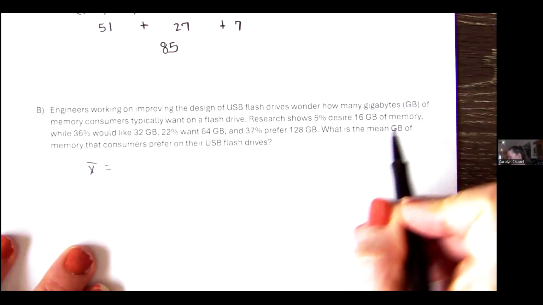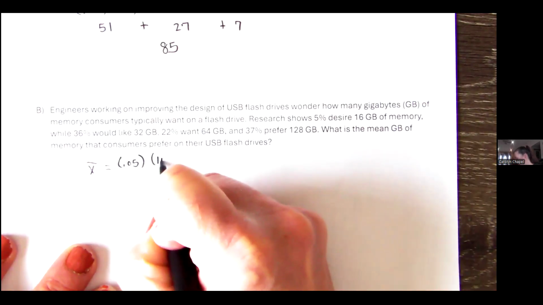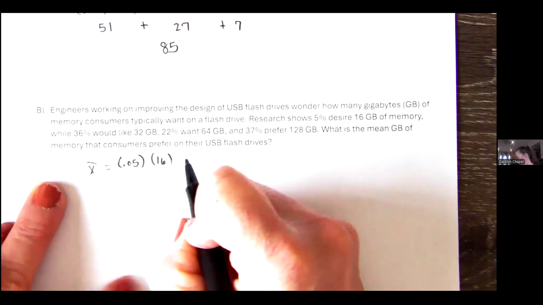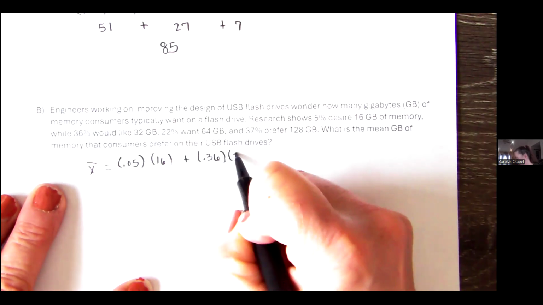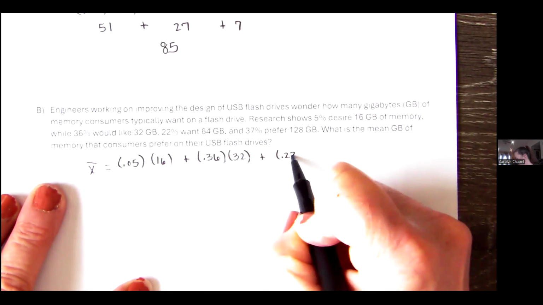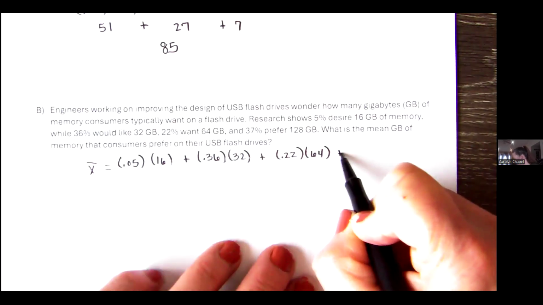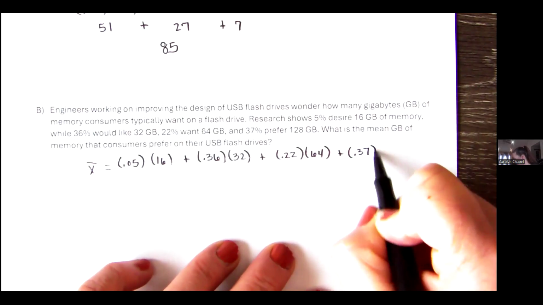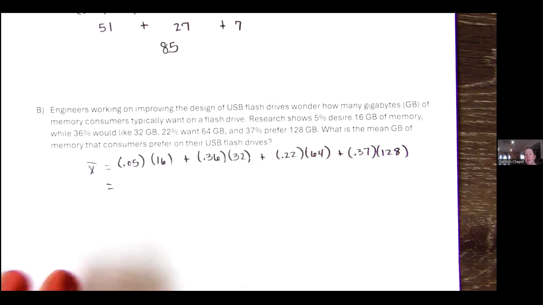The shortcut tells me I can take this 0.05, multiply it by my 16, add it to the 0.36, multiply by the 32, add it to the 0.22, multiplied by the 64, add it to the 0.37 times the 128. So again, we do our multiplying first before we do our adding.